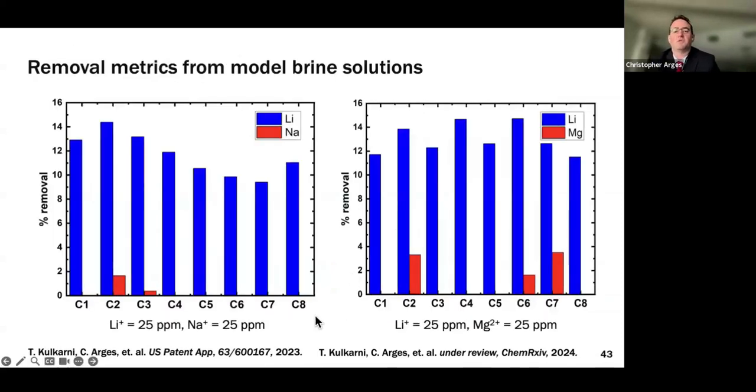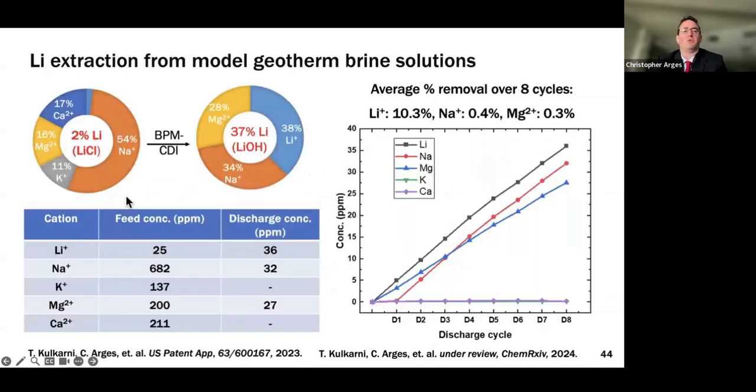We did some feed solutions of mixtures of lithium and sodium and lithium and magnesium, and we see much higher removal efficiency for lithium versus sodium and magnesium. We did model geothermal brines here. So here we have lithium in much smaller concentration than sodium, magnesium, potassium, and calcium.